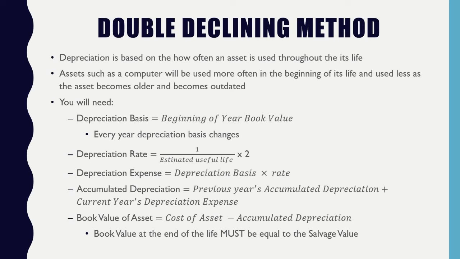Then we're going to look at the depreciation rate. In this case, it's 1 over its useful life, times 2, because we're making the assumption that we're going to depreciate it twice as fast.